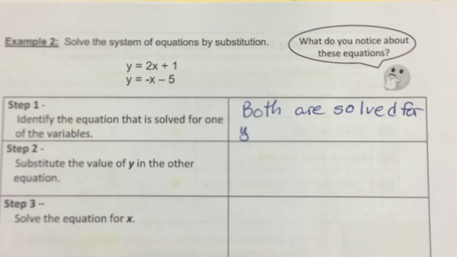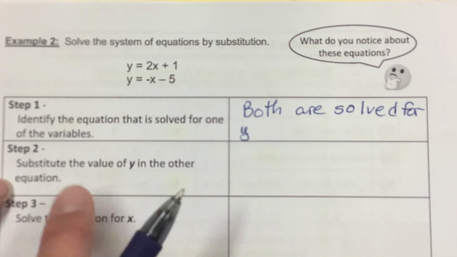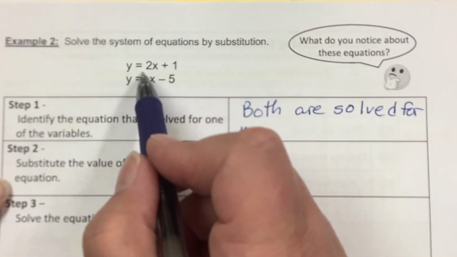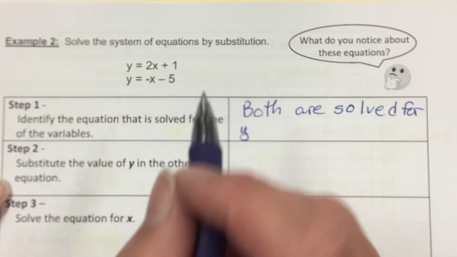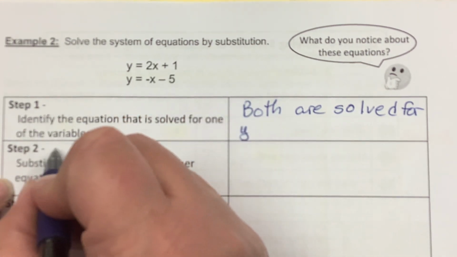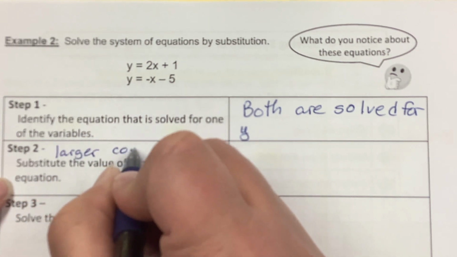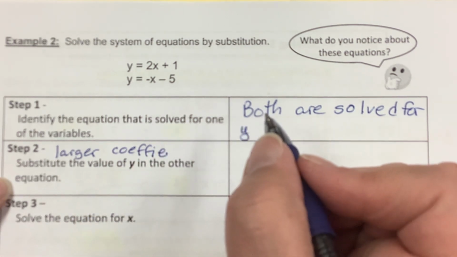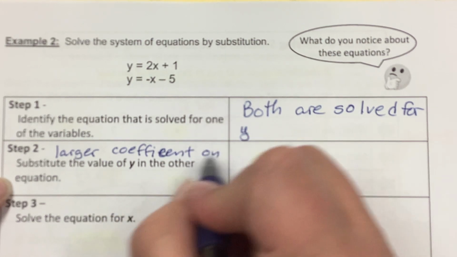So since they're both equal to y, they're equal to each other. Now it says substitute the value of y in the other equation. I always put the number with the larger coefficient. Now 2 is larger than -1, so I put the larger coefficient on the left. So larger coefficient, C-O-E-F-F-I-C-I-E-N-T, coefficient, on the left.